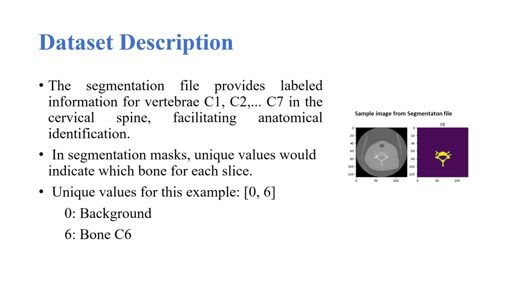The segmentation mask's unique values play a key role in indicating the presence of specific bones for each slice. For instance, in our example here, that sample image from the segmentation file, we have unique values 0 and 6. 0 represents the background, and 6 specifically denotes bone C6.